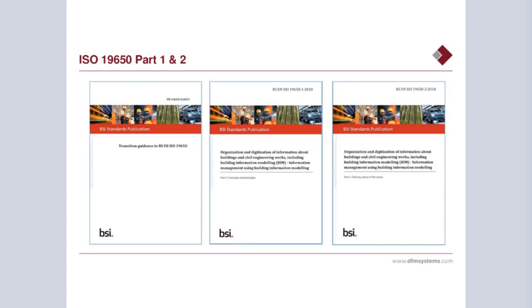Because one of the requirements of the new ISO standard is that each country adopt an annex to set some of the standards to be used, such as document types, naming convention on documents, and the like. Ireland hasn't yet implemented a national annex, so the closest we have is to take the UK national annex, which sets out some guidelines and standards in terms of how you should name documents and assets within a safety file or an asset information system.